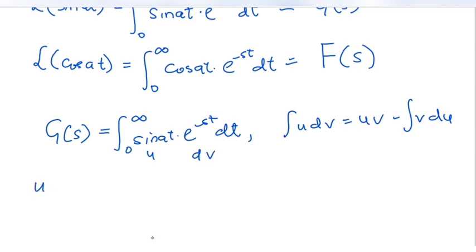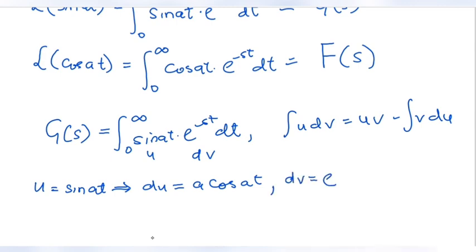So u is sine at, which implies that du is going to give us a cos at dt, and then our dv is e to the minus st dt, which implies that our v, by taking the integral, is going to give us negative e to the minus st all over s.